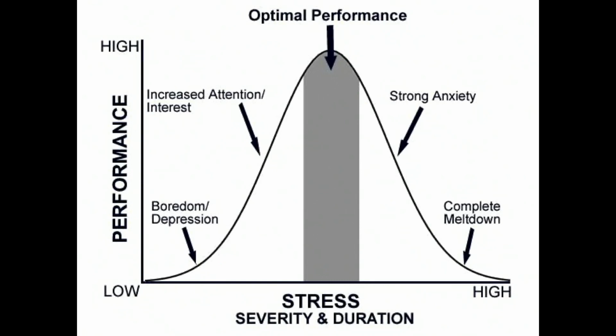There's a perfect number that you're trying to hit, and a lot of you have probably seen this during jury selection. You'll have jurors who are in complete meltdown mode, and you ask them basic questions and they can't tell you their name. It's not because they're dumb. It's because they have so much stress being in that environment and having to do public speaking, which most people don't like doing, besides lawyers, it seems, that they just can't focus on your questions.